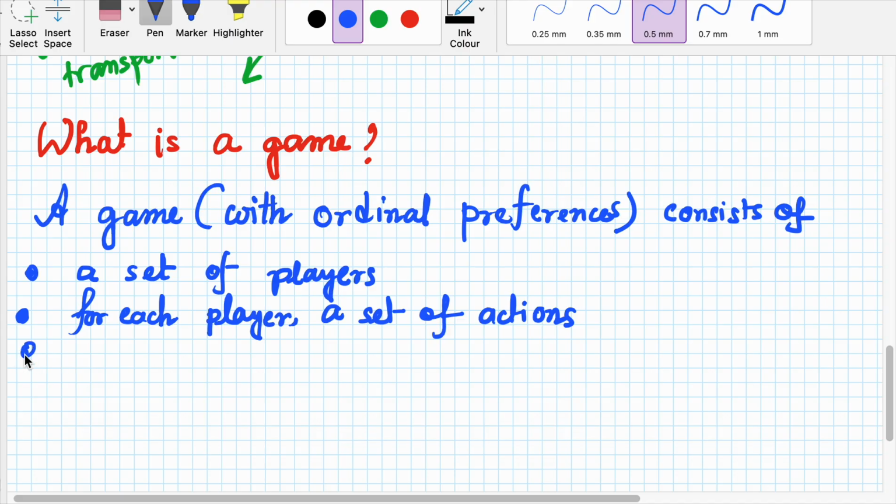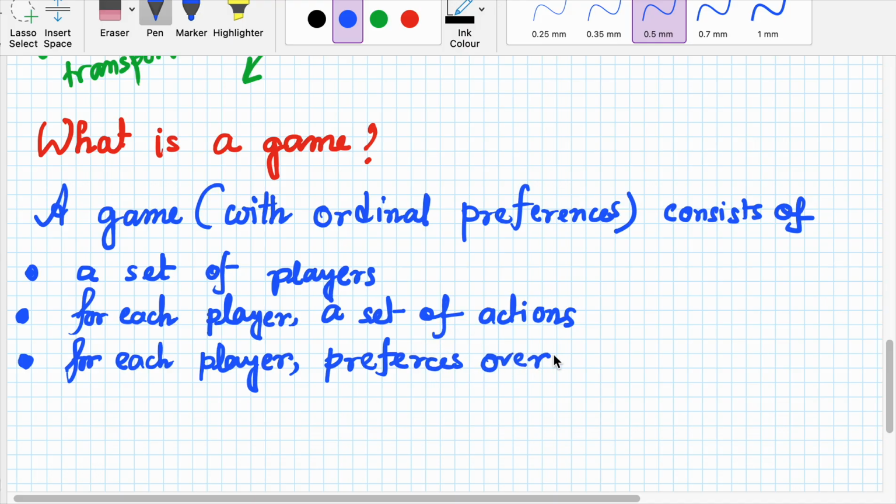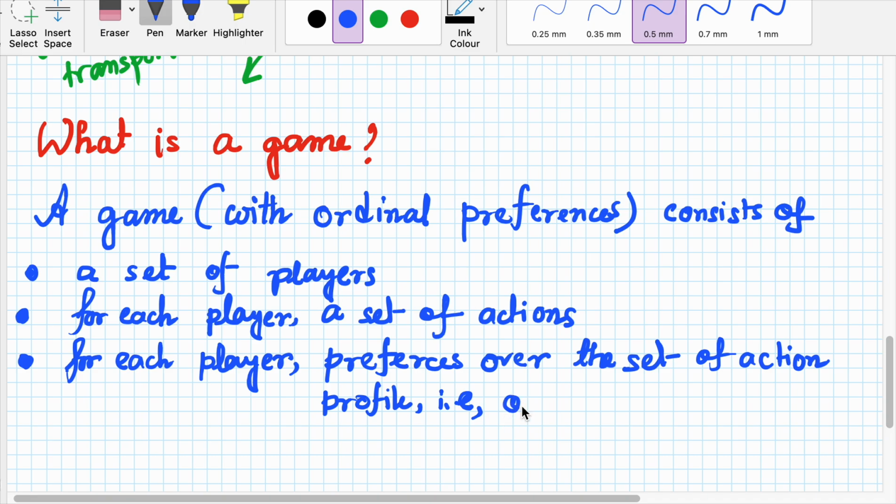And third, for each player, preferences over the set of action profiles, that is, outcomes.